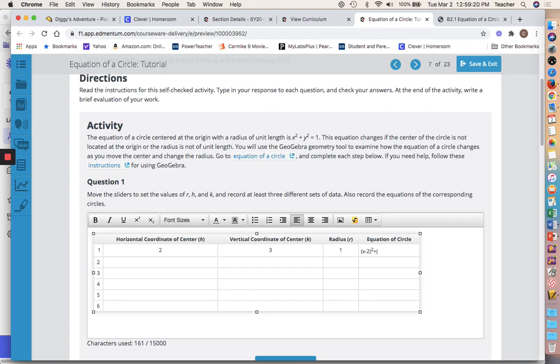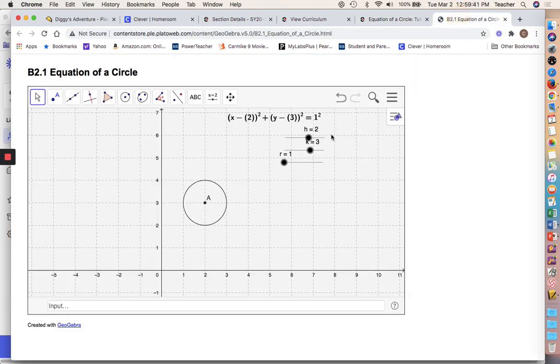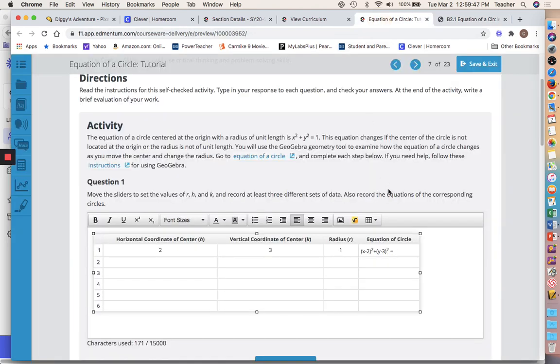But we have a k, so again, it's going to be the opposite sign, but this one's going to be a y, and since it's a positive 3 in the parentheses, it's going to be a negative 3, and you're going to square it. Now, in your formula, this right here says 1, but that is not standard. It's your radius that goes here, and 1 squared is 1. So this is 1 squared, and that's going to be the same thing as 1.